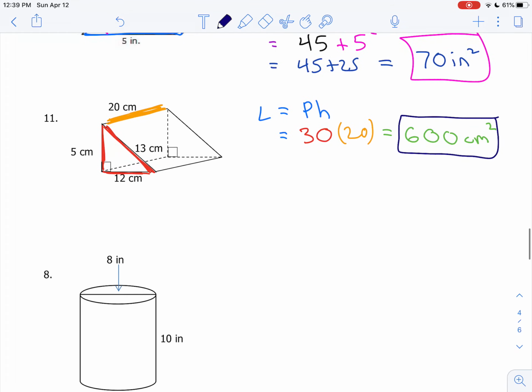Then I'm going to go to my formula sheet: T equals PH plus 2B. Again, don't do extra work. You already figured out PH, it was 600. Now we have to figure out the B. Anywhere you see the capital B, go to your Chapter 10 page.